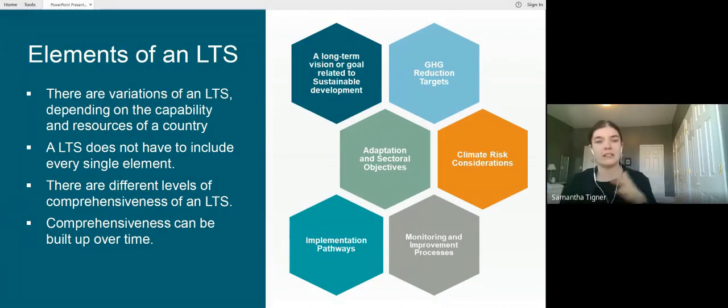So related to some of those adaptation sector goals, all of these targets are being laid out, and one of these key things that can also be included are climate risk considerations, so that interconnects with our greenhouse gas emission targets and our adaptation goals.